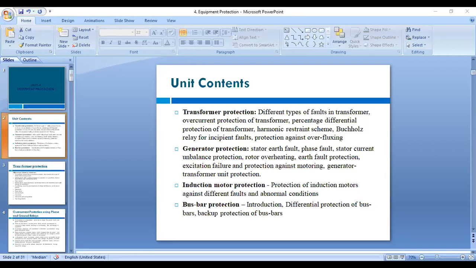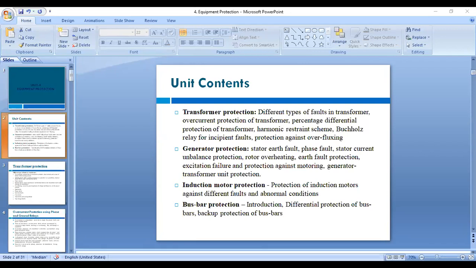For transformers, we are cooling the transformer by using different ways, that is the air or oil. We are putting our transformer in the tank which is filled with oil. All of you know that. So if there is a problem in that cooling system, then also your transformer will overheat.